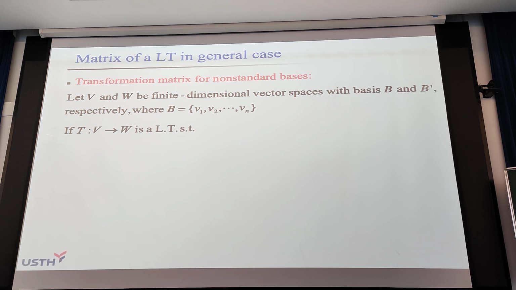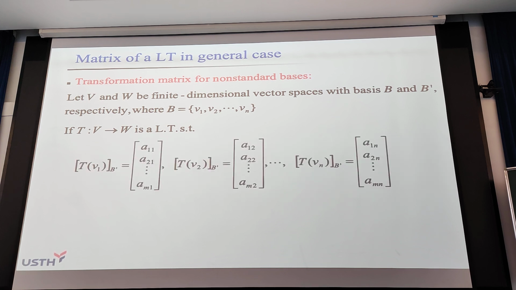And now if T from V to W is a linear transformation, then we need to find T of v1, T of v2, and T of vn. The first one, T of v1, lies in the codomain. And because the codomain has a basis B prime, we can find the coordinate of T of v1 relative to the basis B prime.